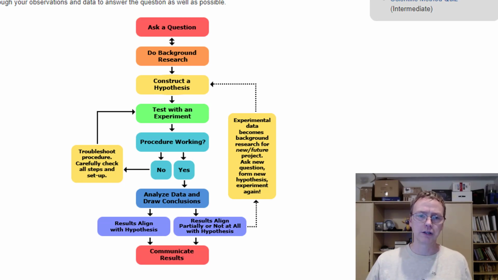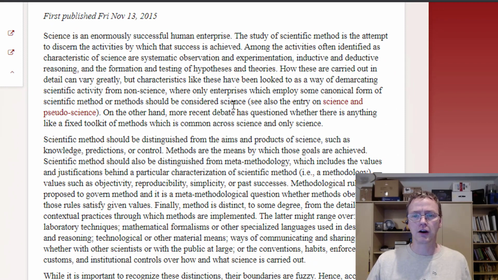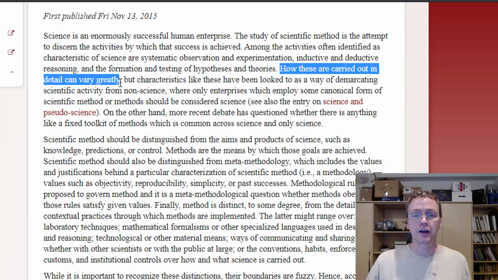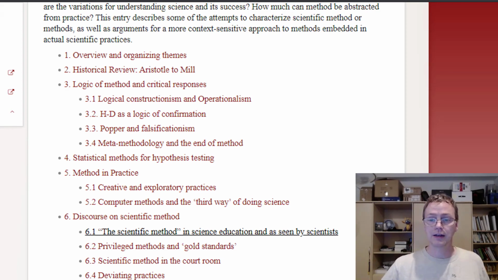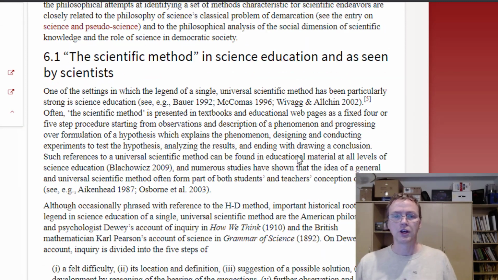What we really do is described in here, and that says how these are carried out in detail can vary greatly. Let's look over here. I like this one: The scientific method in science education and as seen by scientists.